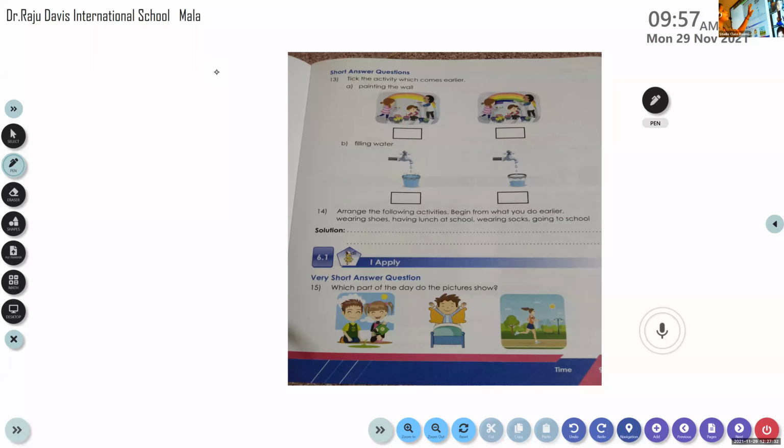In the second picture they completed almost 4 layers, and the fifth they completed half also. So that will come later only. The first picture has only 3 layers. That is earlier, that will happen before. So you can put a tick mark for the first one.